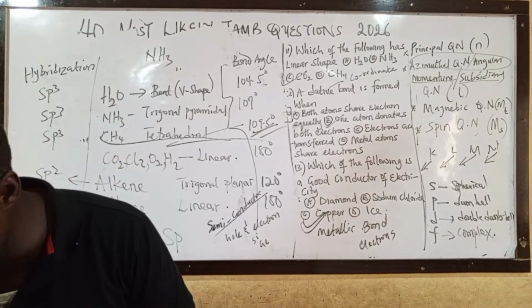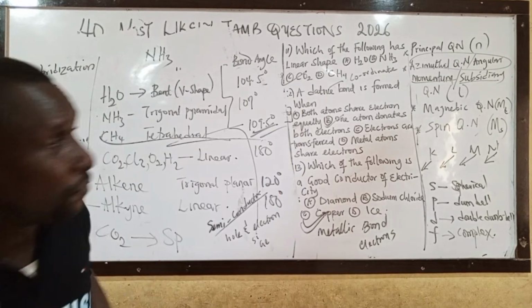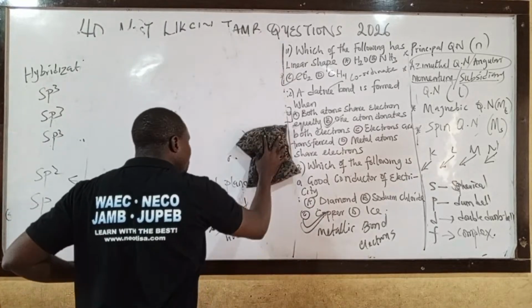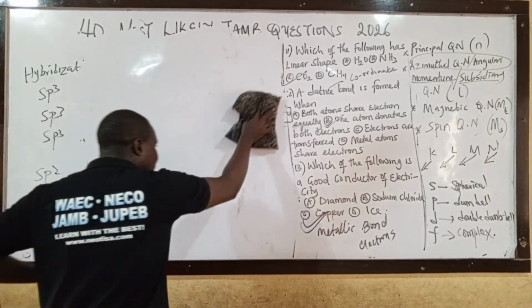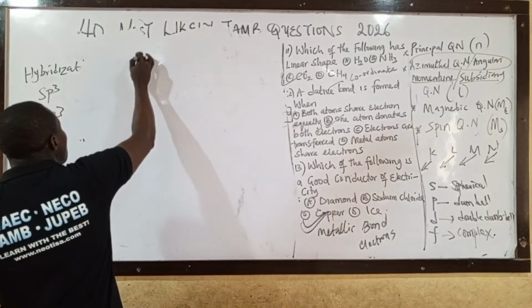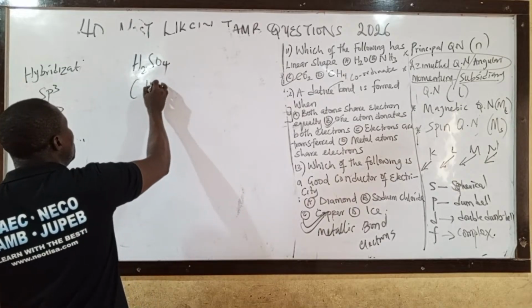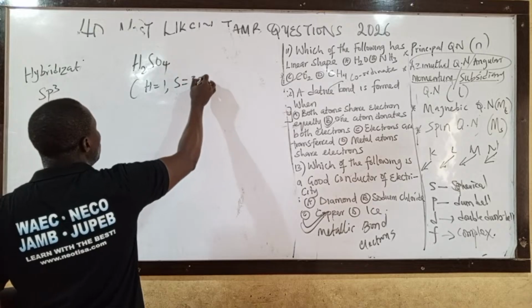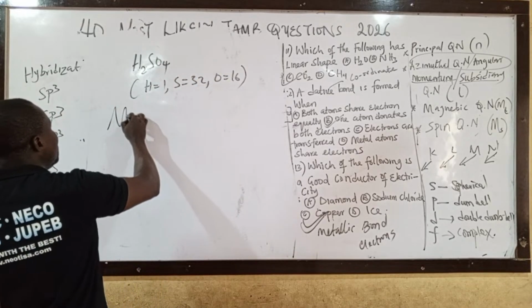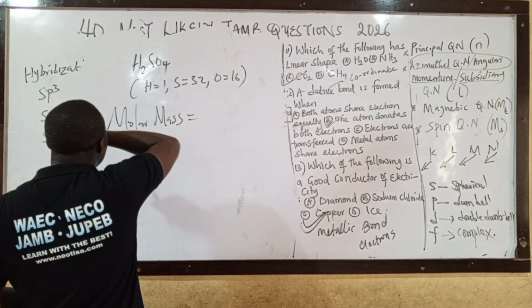They say, what is the molar mass of H2SO4? When hydrogen is 1, sulfur is 32, oxygen is 16. Molar mass is the sum of their mass numbers.